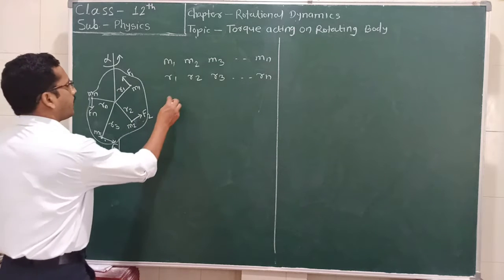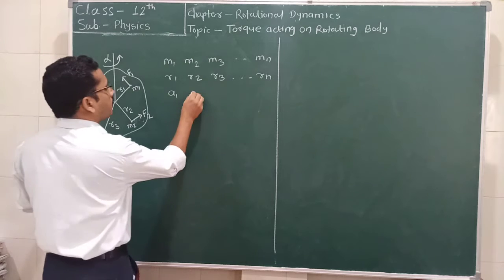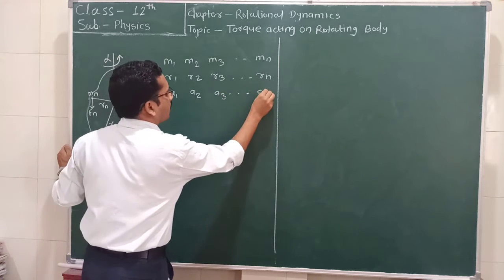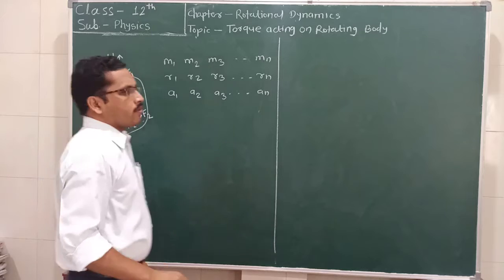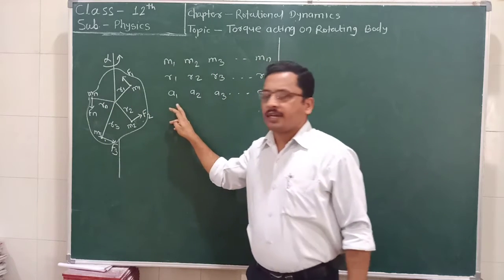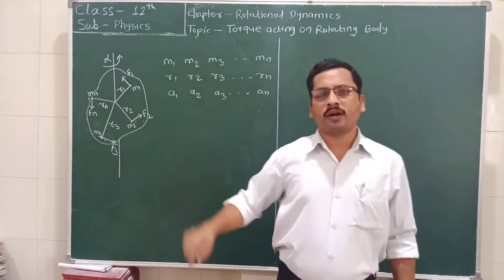We consider that the linear accelerations acting on the particles are a1, a2, a3 up to an. Now, when the body gets rotated, a linear acceleration acts on the body. Therefore, some force must act on each particle.